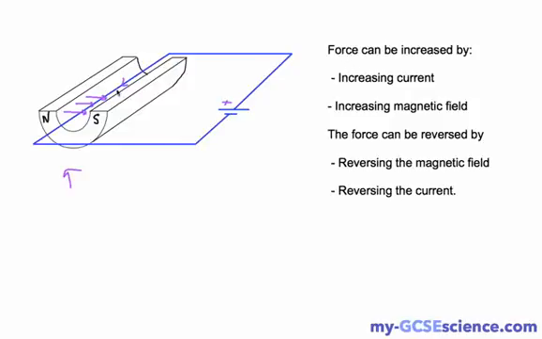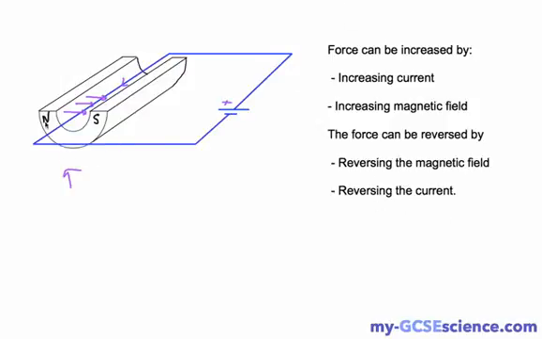The other couple of things that you do need to know also is that you can increase the force with which this wire moves up or down by increasing the current. So if we have more cells to increase the current, the force with which this wire moves up or down is increased. If we keep the current the same, we can increase the magnetic field, so in other words get a stronger magnet, and that force will then be increased. But we can also reverse the force by reversing the magnetic field or reversing the current.